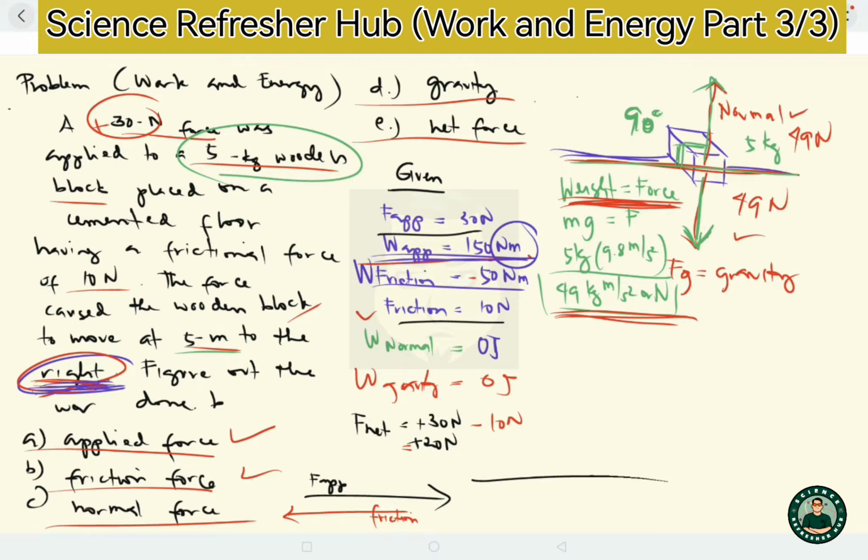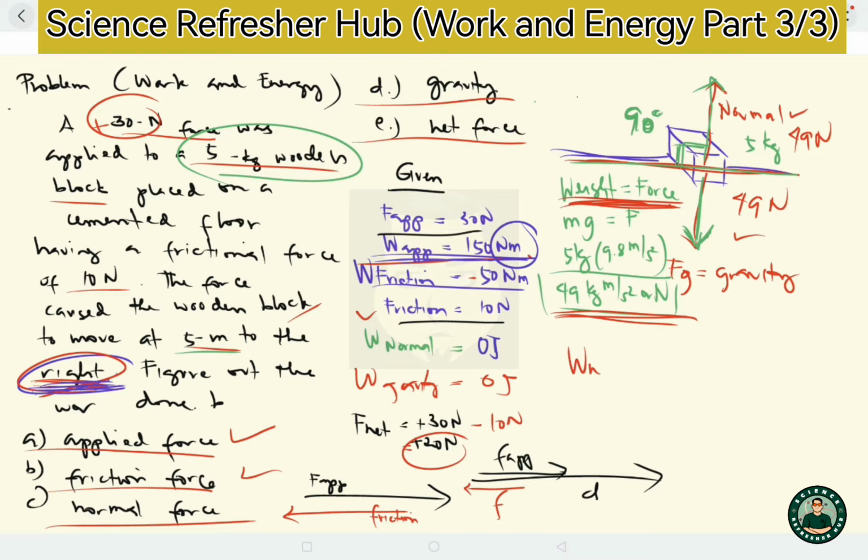Therefore, the object is still going to the right. That's the displacement, and the applied force is still going to the right. Again, our answer is positive. Therefore, we have positive work in this case because our net force is positive. So it's going to be positive 20 newtons.